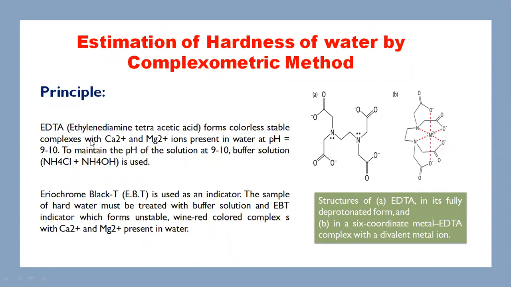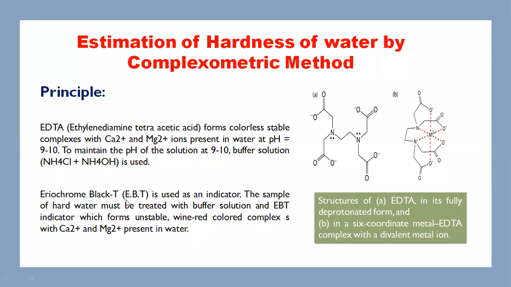EDTA, ethylene diamine tetraacetic acid, forms colorless stable complexes with calcium and magnesium ions present in water at pH around 10. To maintain the pH of the solution at 9 to 10, a buffer solution, which is a mixture of ammonium chloride and ammonium hydroxide, is used.